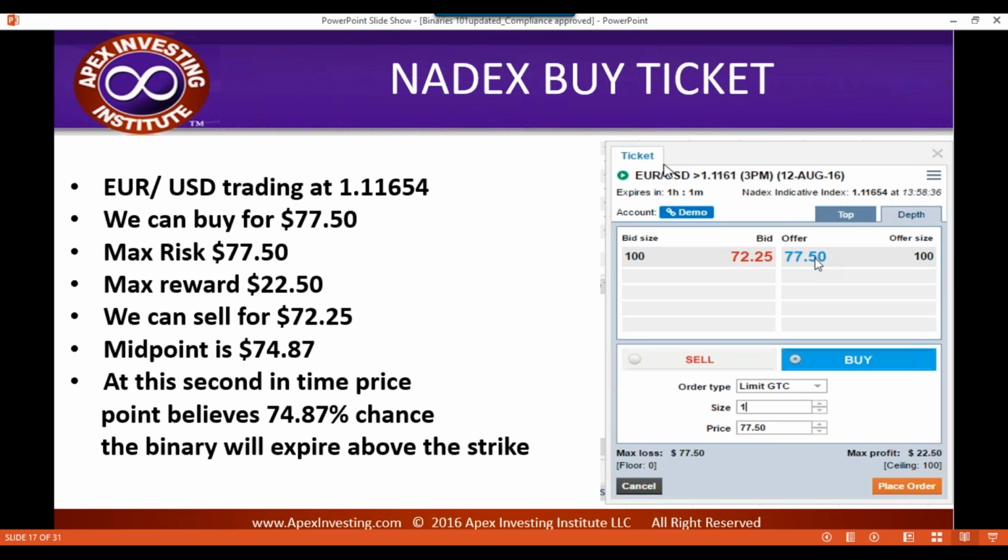But I don't want to pay more than 70 bucks for it. Well, I can select to buy it, select one contract, and then I can change this price here. I can delete that and just put $70 and do place order. Now it's not going to immediately fill, right? Okay, because I'm saying I want to buy it for 70. But right now I can only buy it for 77.50.